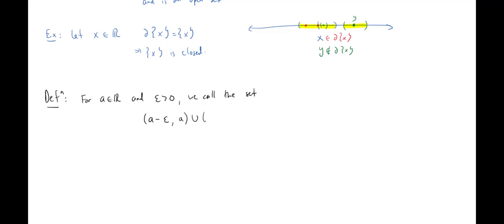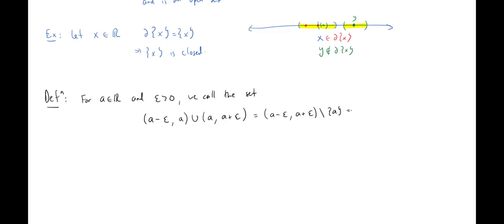And then I'm going to start it up again at a, but not including a, and go to the end of this a coin of radius epsilon. So what I'm really doing is taking the a coin of radius epsilon, and removing the point in the middle, the a.